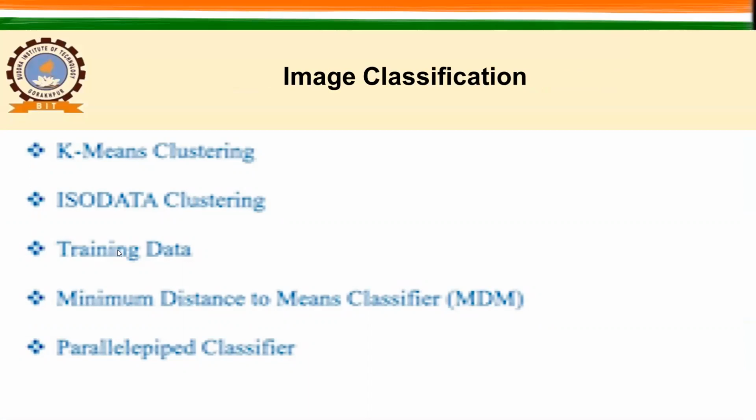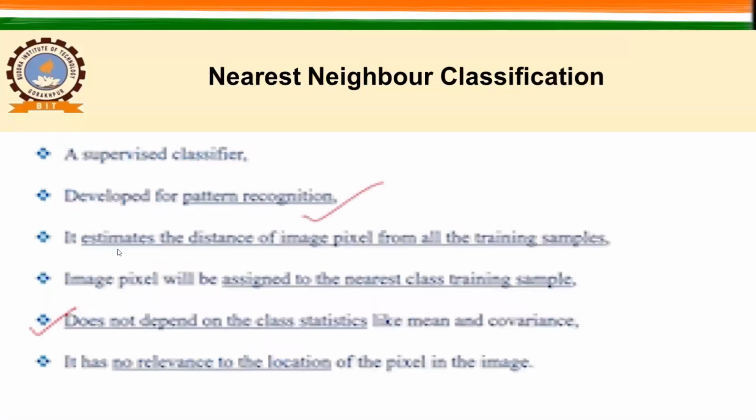Then I started with the minimum distance to mean classifier. Then subsequently we discussed the parallelepiped classifier. Now in this lecture हम discuss करेंगे nearest neighborhood classifier के बारे में.